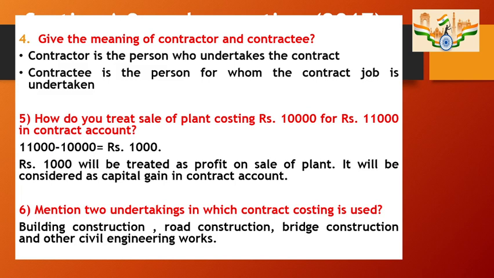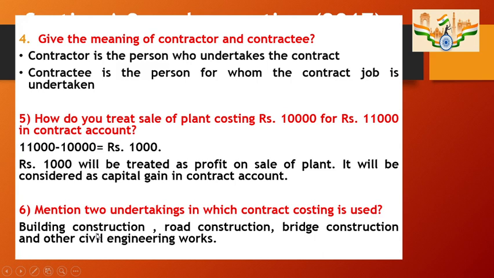How do you treat sale of plant costing rupees 10,000 for rupees 11,000 in contract account? So 11,000 minus 10,000, 1,000. So rupees 1,000 will be treated as a profit on sale of plant. It will be considered as capital gain in contract account.